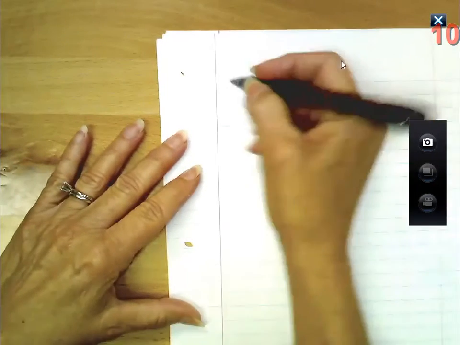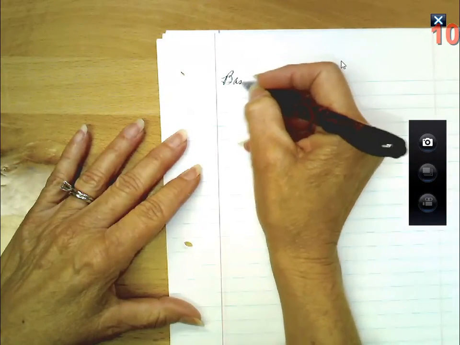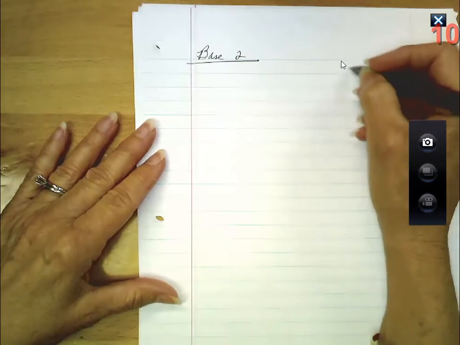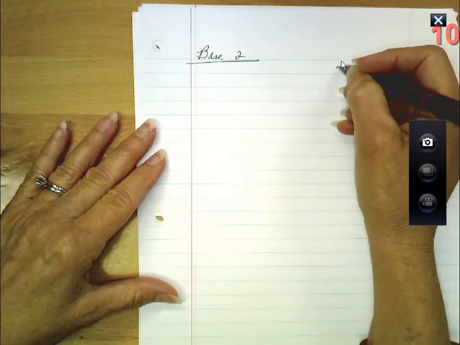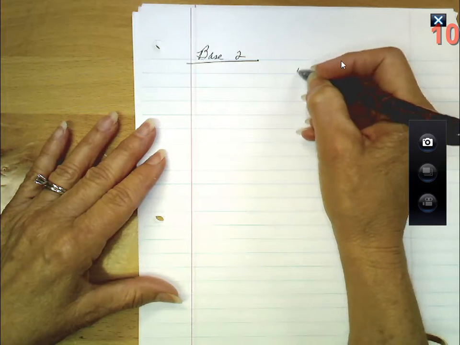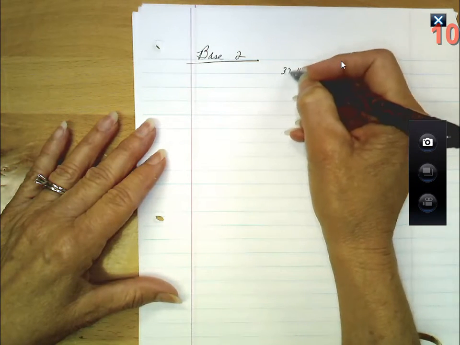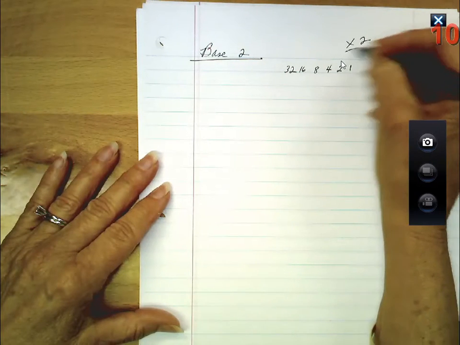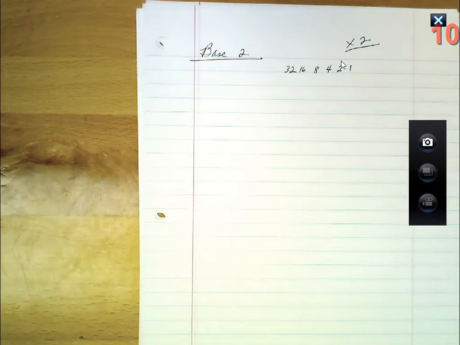Okay, now let's look at base 2. Now we will have a ones column, a 2s column: 2 times 2 is 4, 2 times 4 is 8, 2 times 8 is 16, 2 times 16 is 32. So in base 2, you'll be multiplying each column by 2.